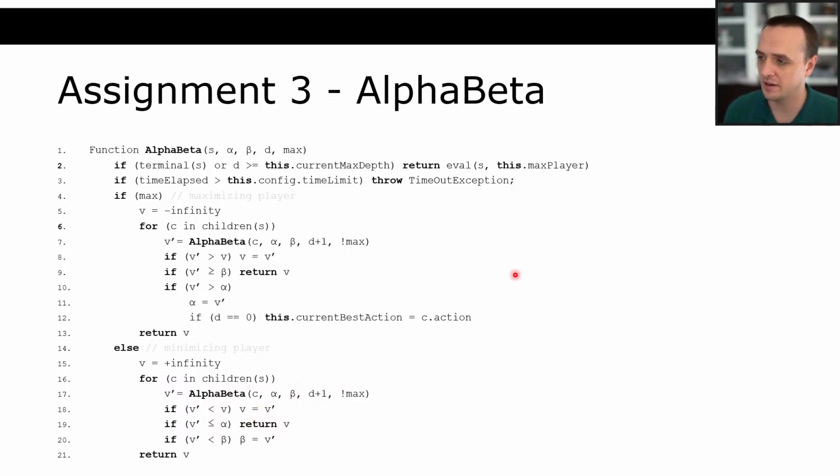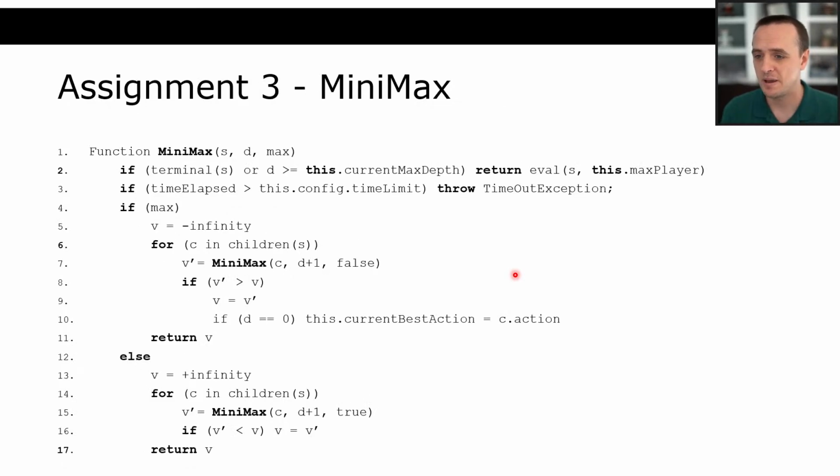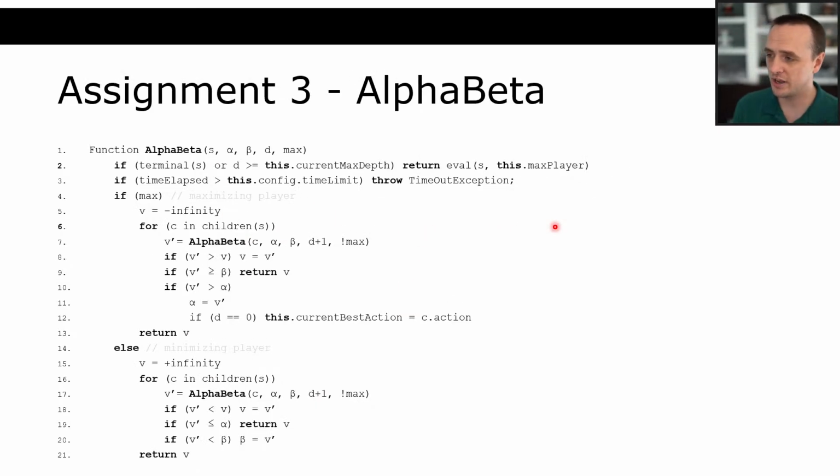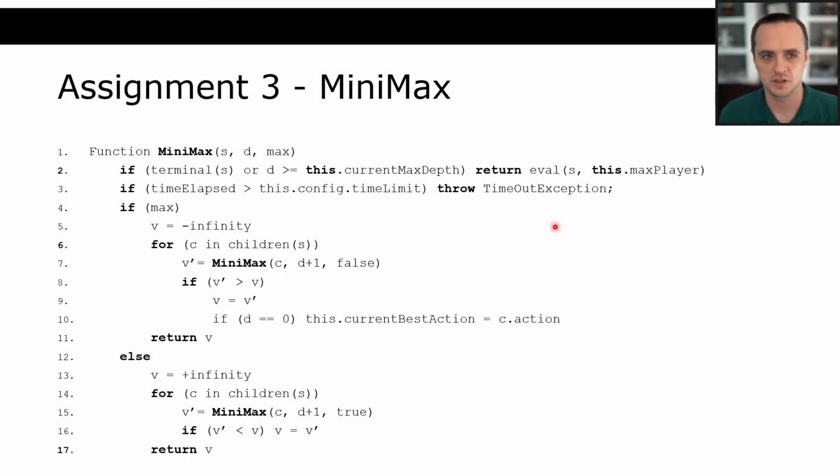What I recommend for assignment 1 is, because AlphaBeta can be a little bit tricky, maybe implement MiniMax first. Once you get MiniMax to work, then just put in the extra variables for AlphaBeta and see if you can get that to work. Because remember, AlphaBeta is just an improvement to MiniMax. It is not a different algorithm.